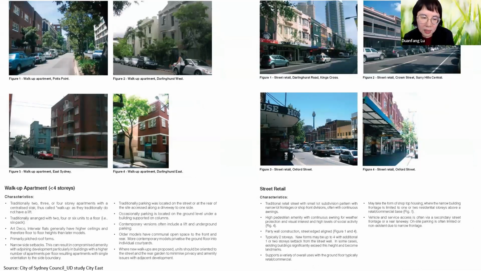Understanding these existing characteristics could help to define the existing sense of place, and what could be applied to the local neighborhood has to be based on the research of the existing built environment.